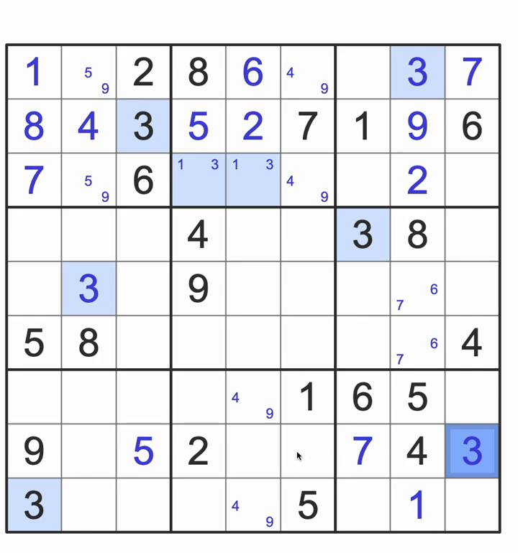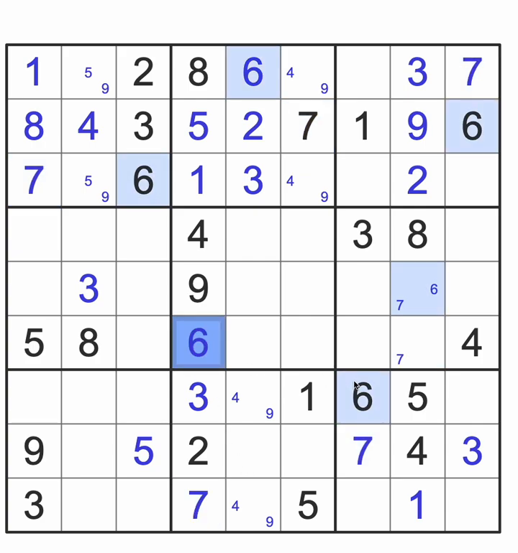And that 3 blocks these. This 3 blocks these. This will be 4 or 9. So this will be 3. That gives me 1 and 3. And now this 7 blocks these, gives me 7 here.